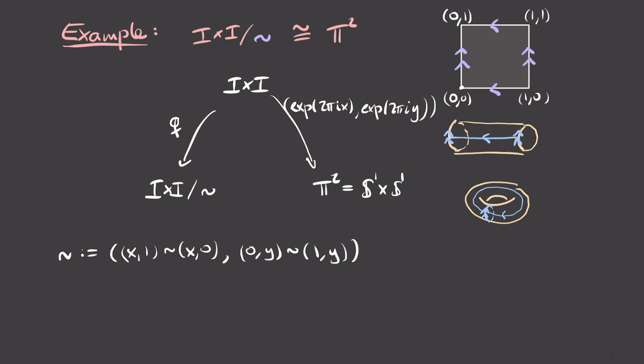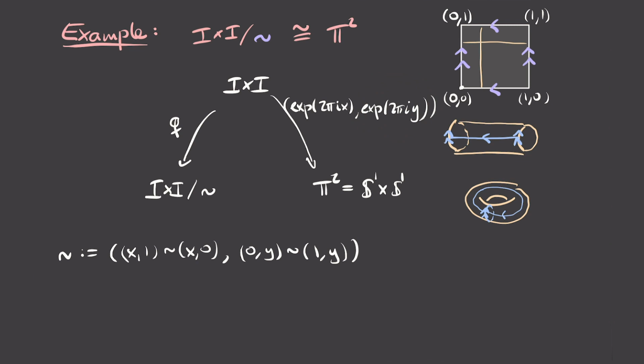Hence, the only thing we need in order to show this homeomorphism is that these two maps, so Q and this product of exponential maps, make the same identifications. Now, the way to think about this is to think about how this unit square is mapped by the product of the exponential maps, and we're going to think about this coordinate-wise. So if I take two sections here of this unit square, now if we're constant in the x coordinate and we're just moving the y coordinate, then this is just like this last component of the exponential map.